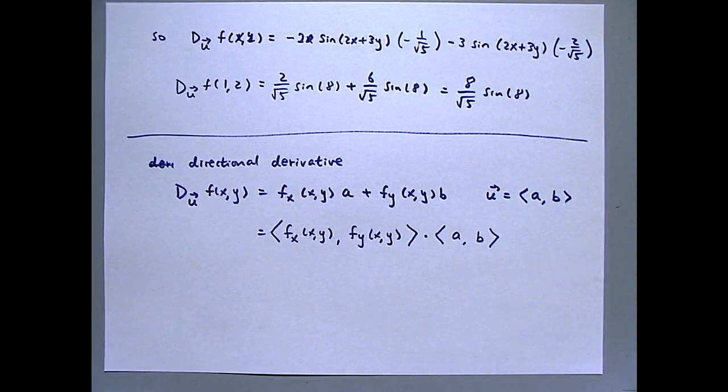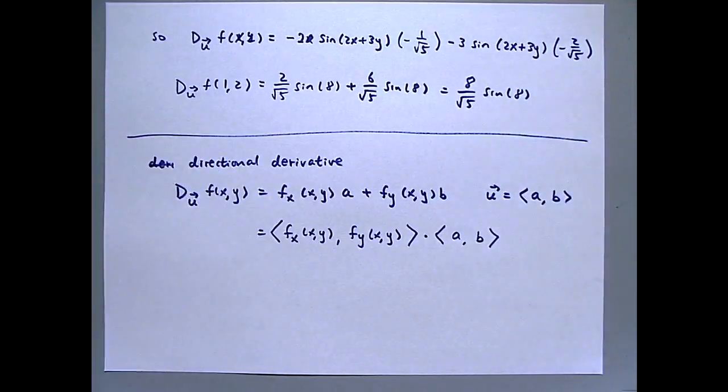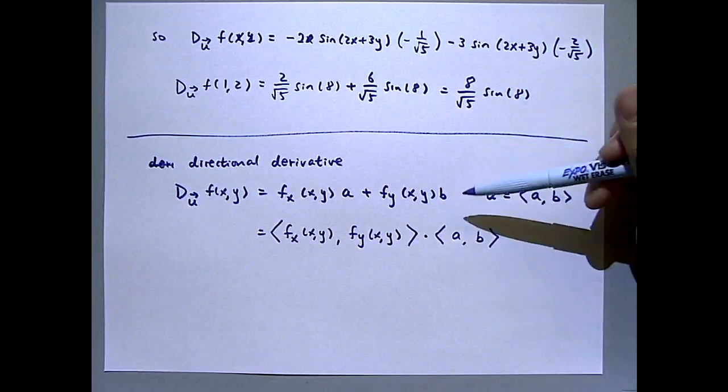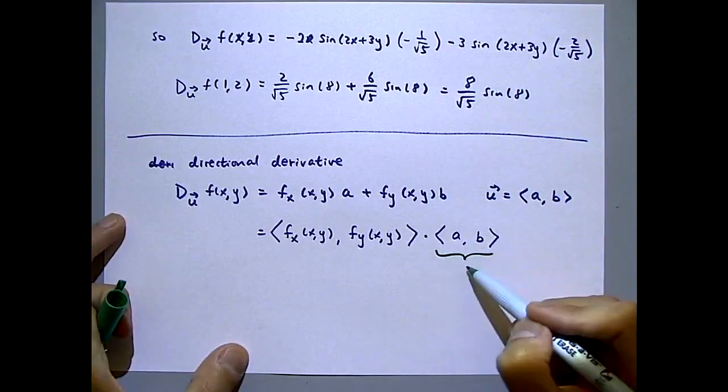Right? Do you see how these two are equivalent? Yep. So I simply went from a scalar form back to the dot product of two vectors, which of course is a scalar. And this is our u, so nothing new here.